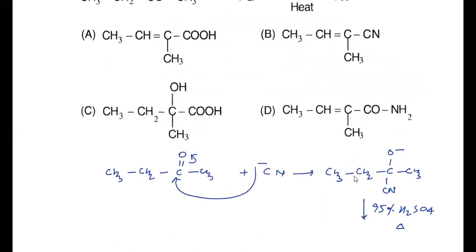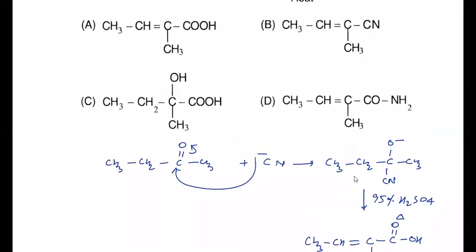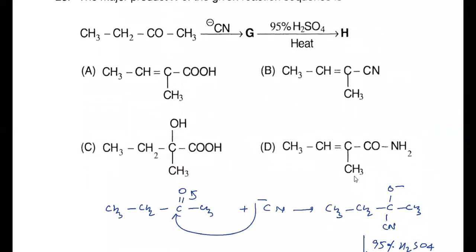The CN group will hydrolyze to carboxylic acid, and dehydration of the alcohol will lead to a more stable alkene. So dehydration will lead to CH double bond C, CH3, and the cyanide group will hydrolyze to COOH. As per this given format, your answer must be A.